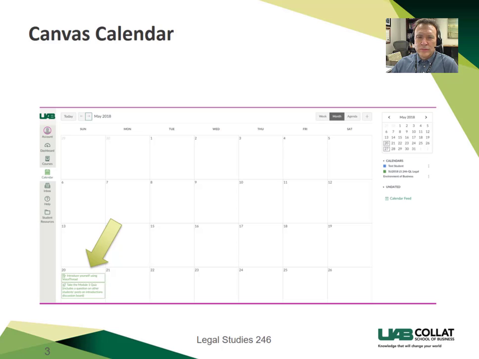As I think I have told you before, you can sync this calendar with your own personal calendar should you have one in Outlook or on Google perhaps. And as you can see here, the next assignments are both due on Sunday night, May 20 at 11:59 p.m., and they are the first quiz, and that also includes the academic integrity agreement.